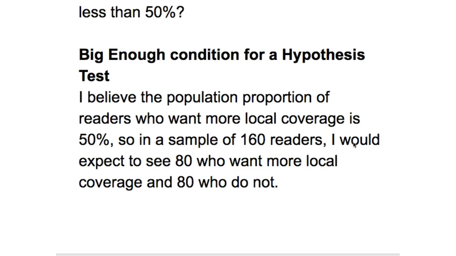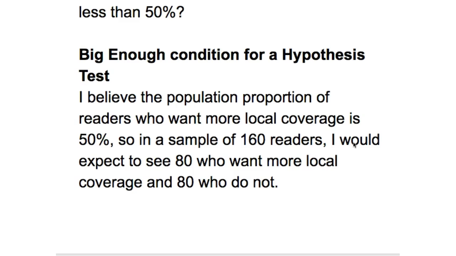That's what I believe in. So in a sample of 160 readers, I would expect to see 80 of them who want more local coverage and 80 who do not. Based on these expected values, both of them are greater than 10. So my sample is large enough to go ahead and use a normal model.